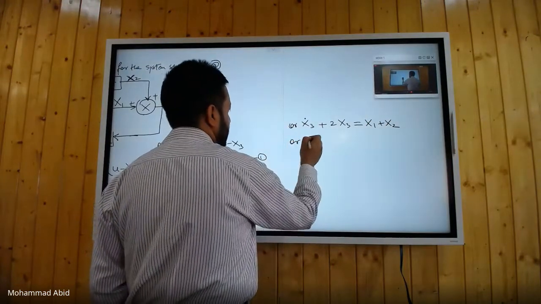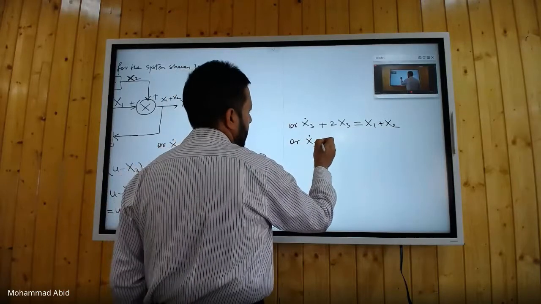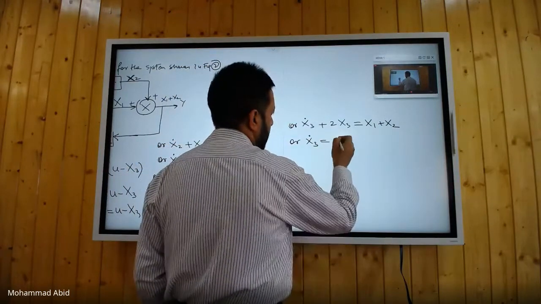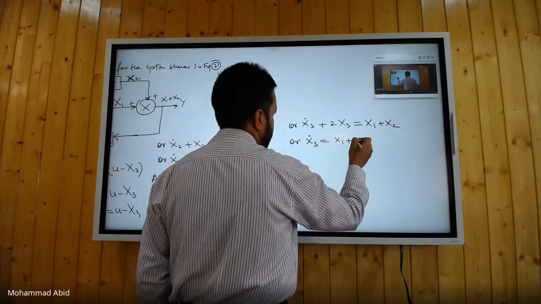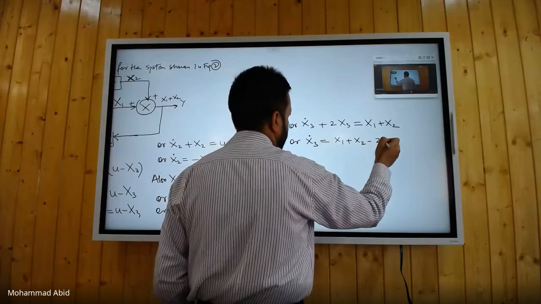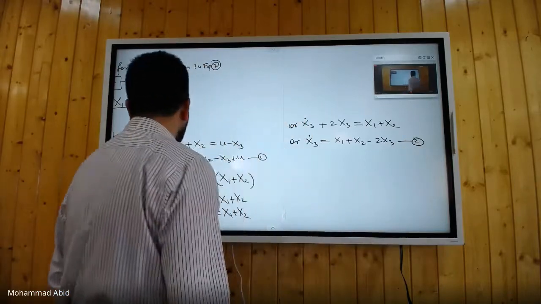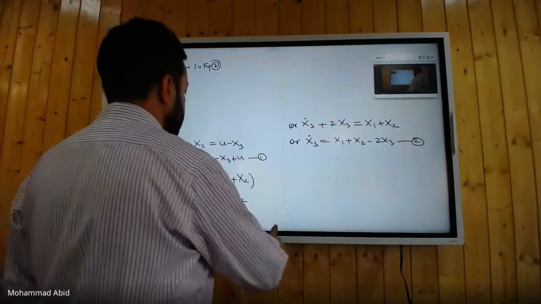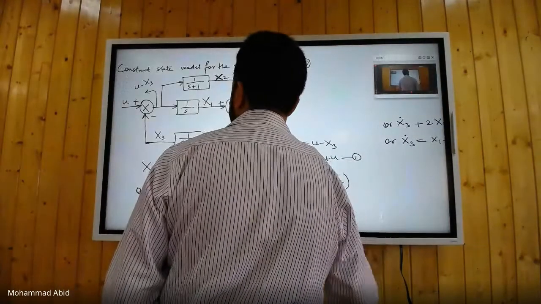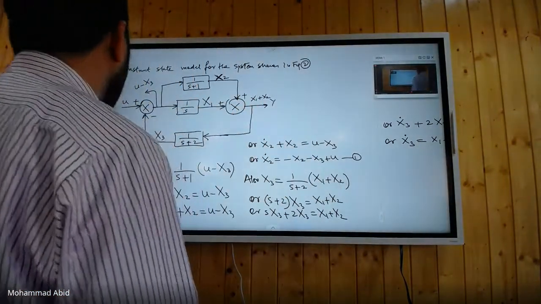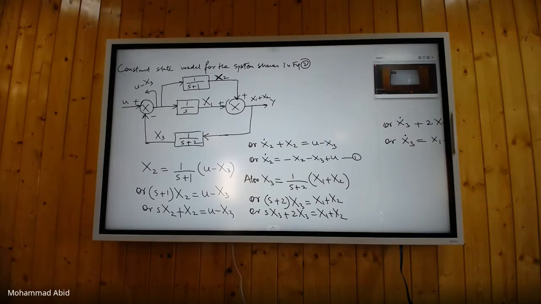Or I can write x3 dot is equal to x1 plus x2 minus 2x3. Is that okay? This becomes your equation number 2. Is that right? Yes, sir.